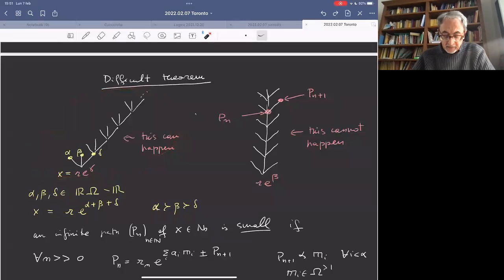Again, you define it as a sum of contributions given by the various paths, but you only consider the paths which meet a log-atomic number. And you define the sum of the contributions given by those paths. So you ignore completely the small path. So the small path, this one, will not contribute to the derivative. And it's lucky because otherwise you wouldn't know what to do with this small path, right?